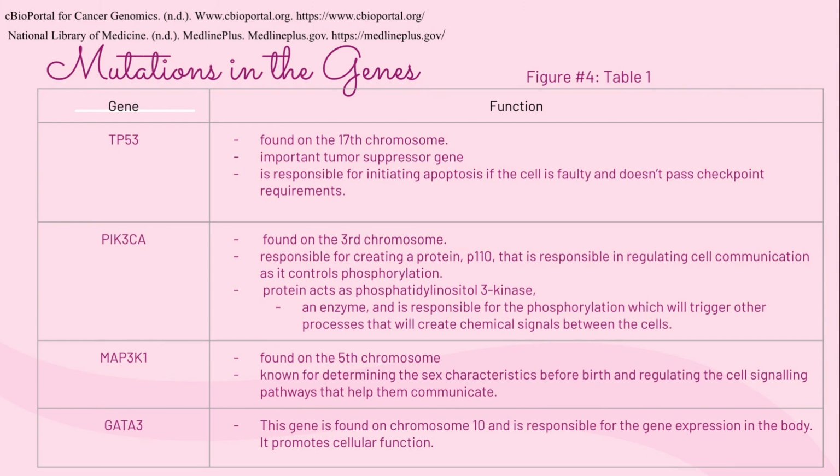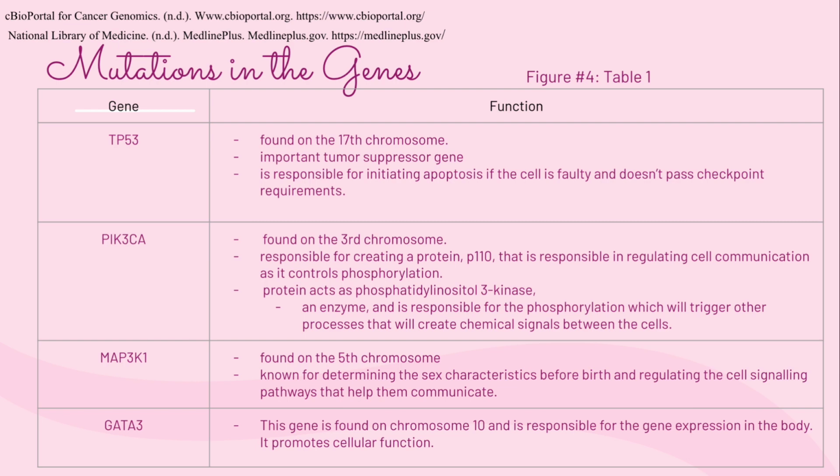MAP3K1 is found on the 5th chromosome and is known for helping the determination of sex characteristics before birth, but it isn't the primary way to find out what it is, since this is found on the 5th chromosome, and men and women have the 5th chromosome, while X and Y are what really determines most of our sex characteristics.